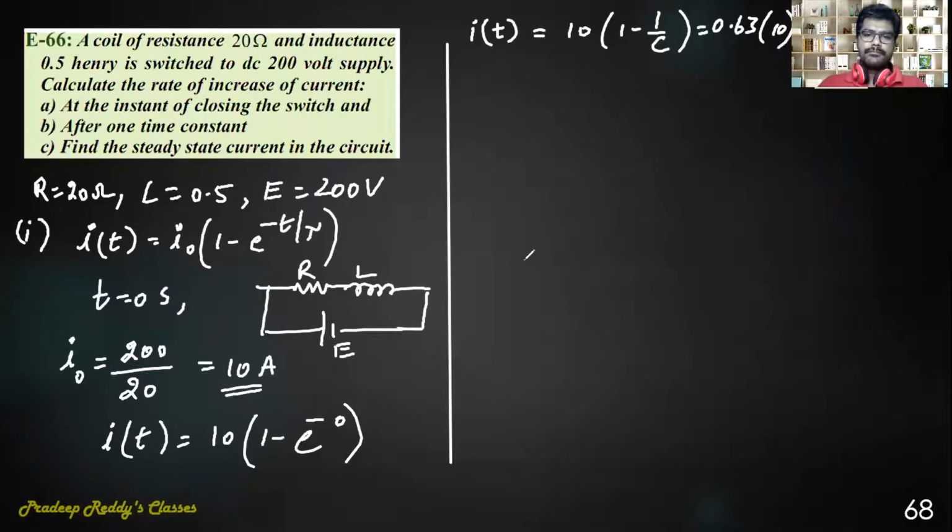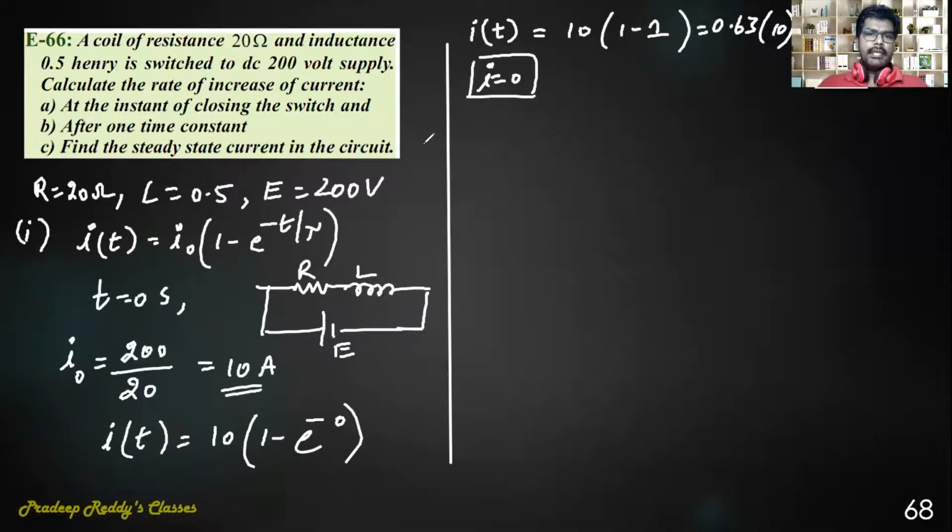So current just after the switch is being closed... I'm sorry, it's not 1 by e. This is e power 0, which is 1. So 1 minus 1 will be equal to 0. Therefore, current in the circuit at the instant when the switch is being closed is equal to 0.